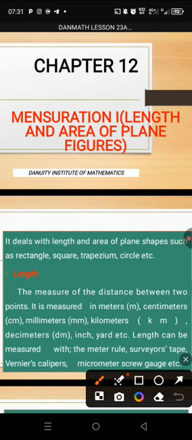How do you determine the length of something? Now, we have total length of an object. We can have a total length of an object or of a field or a compound, right? So we have a piece of land, whether rectangular or square in nature. I want to measure the total length around it.